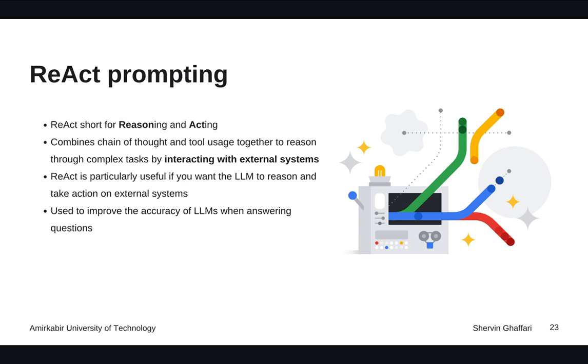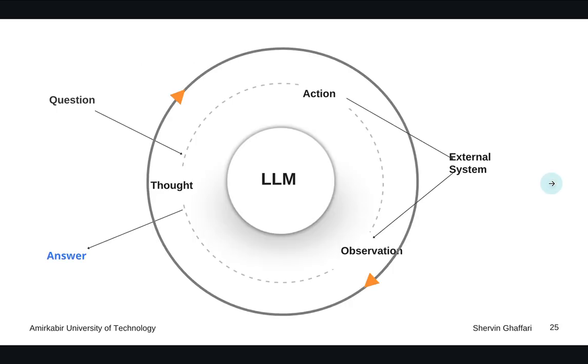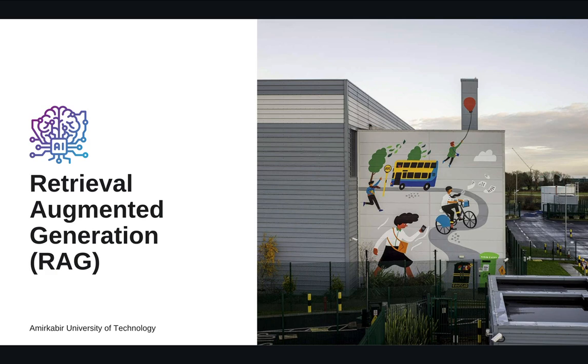So ReAct is useful when you want your LLM to reason and take an action on external systems, and you expect to improve the accuracy of LLMs when answering questions.